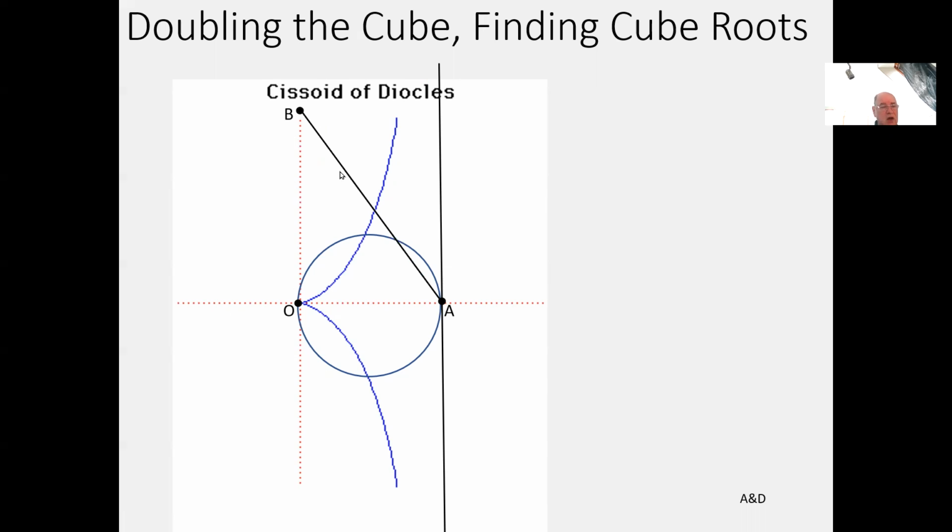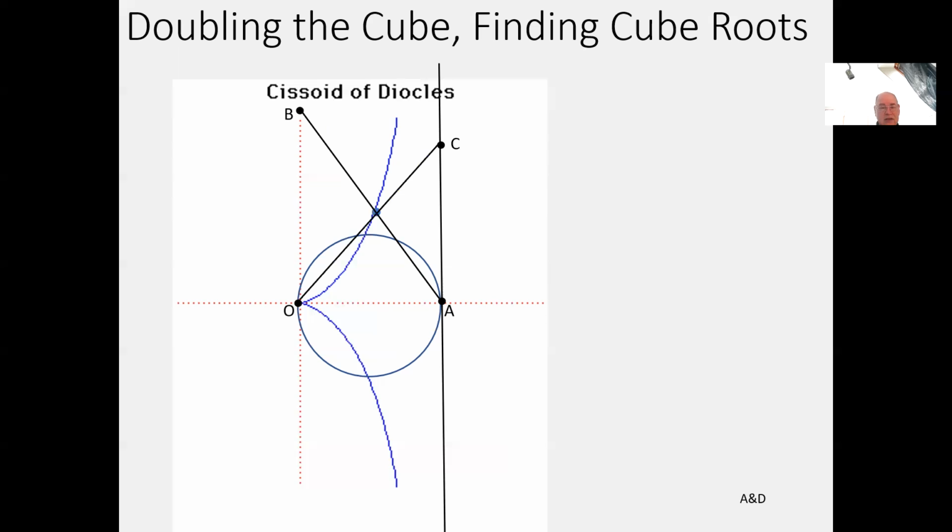This line from B to A will cross the cissoid at some point. Take that point and draw the line through it back to O, and we get another point C on the straight line.